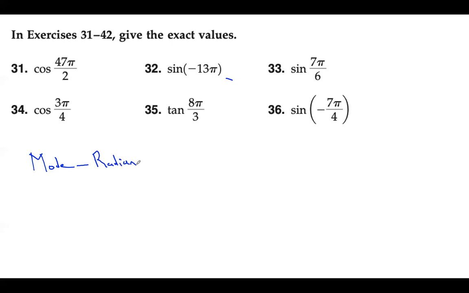So in my calculator, I need to use my graph calculator, shift setup. I go to the angle and I make it radian. This is the first thing. Now I can start to write these numbers.